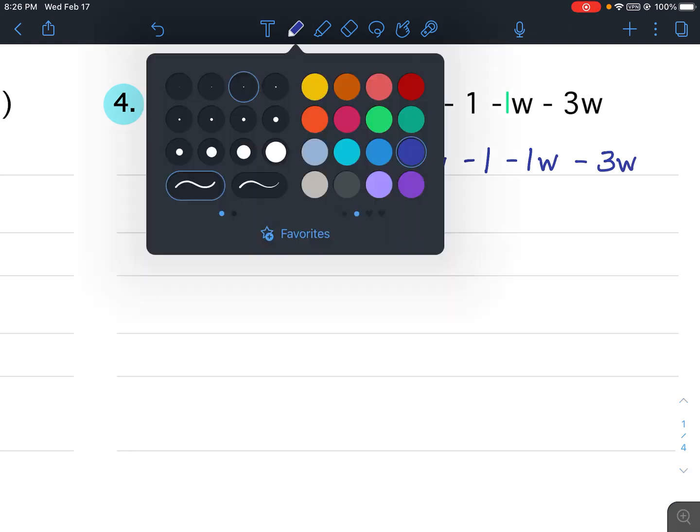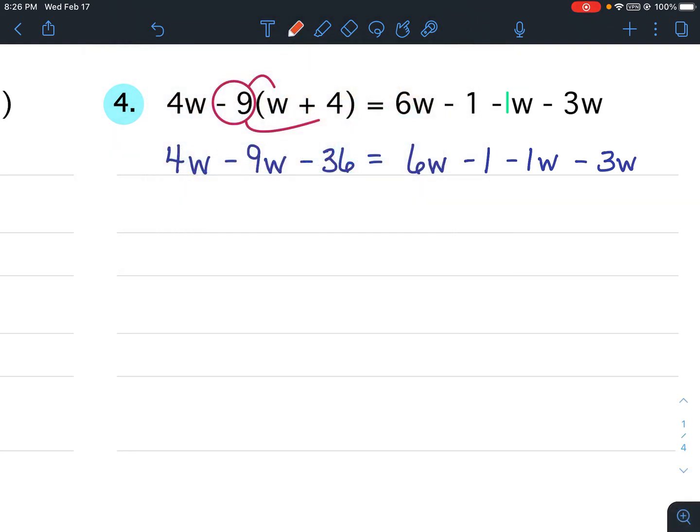Step 2 is to combine like terms. On the left side of the equation, I've got 4w and 9w. The -36 is the only constant I have, so I'll just be bringing that down.